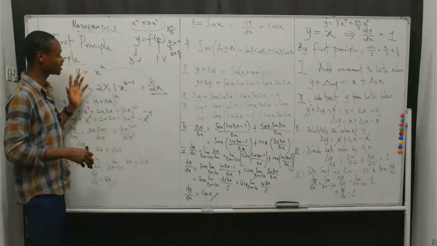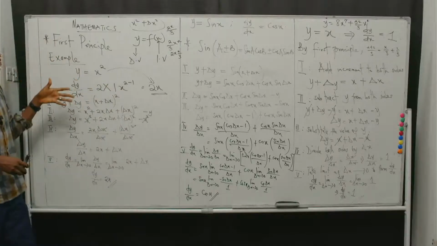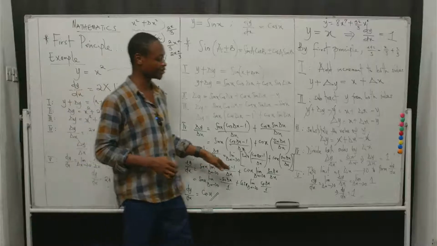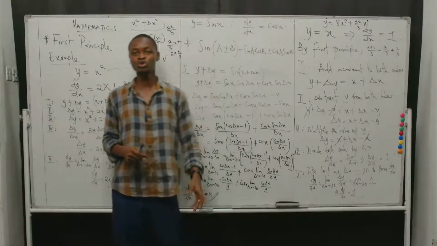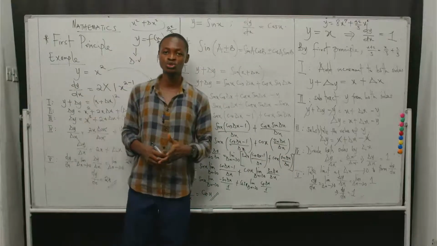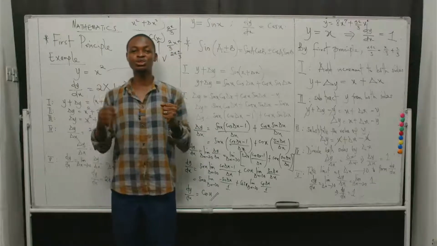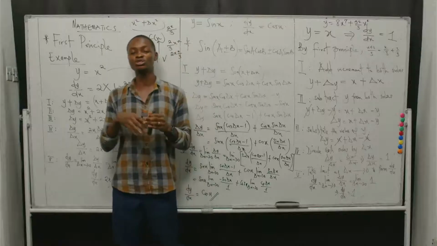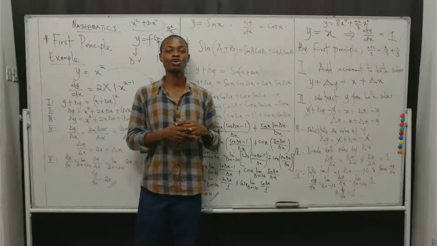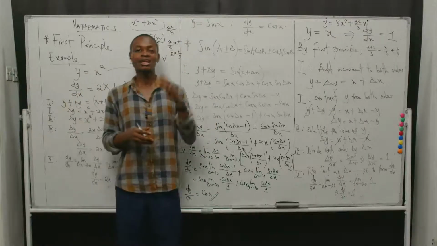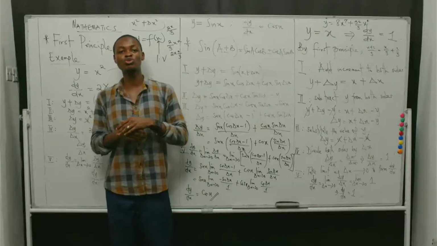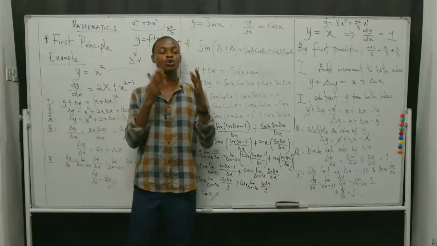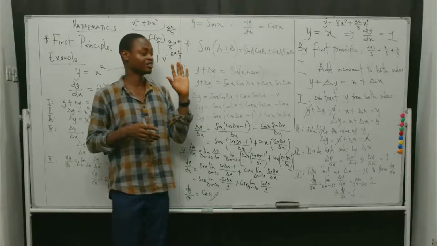So we have seen how the first principle works. We have also seen why limit is very, very important to solving differentiation questions. Limit, differentiation, they go hand in hand. They are very, very important to one another. And we are going to continue to see this over the course of our next few classes. In our next classes, we will be looking at product and quotient rules for differentiation.